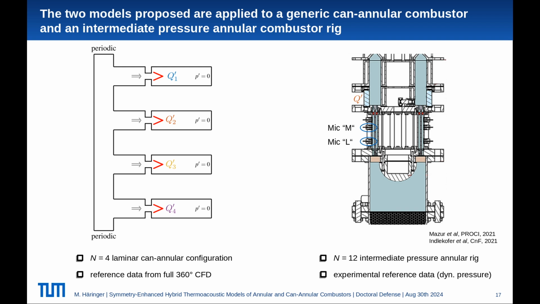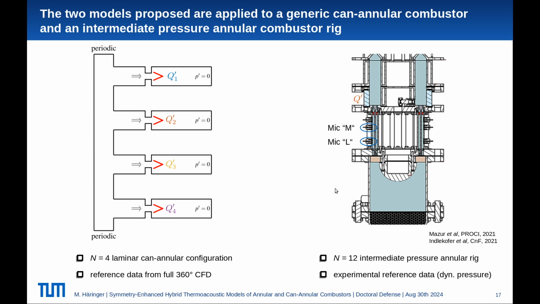All right, so now let's apply those two models. In our thesis, we demonstrated the capabilities of both models on two validation cases. First, we consider an n equals 4 laminar can-annular configuration, a very generic case, where we get reference data from full 360-degree CFD.